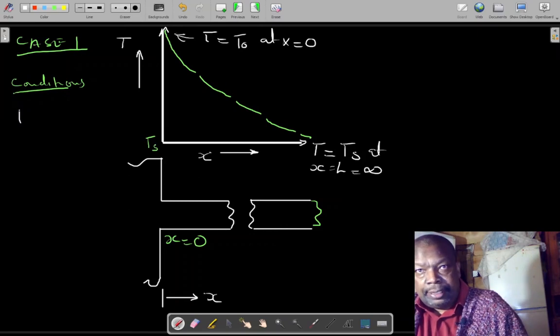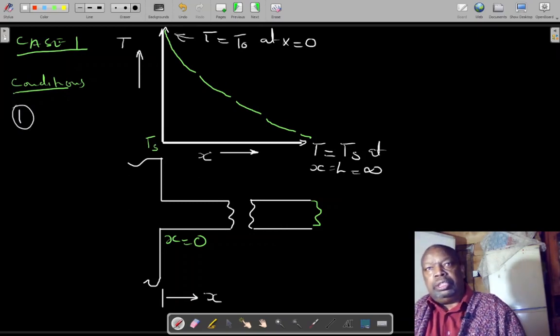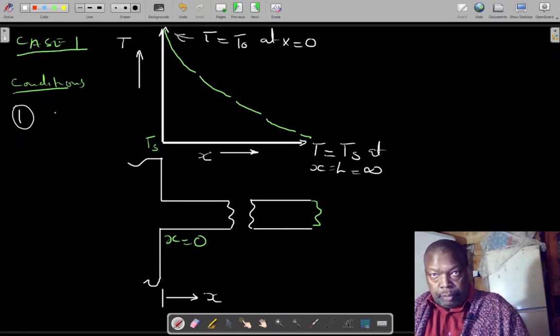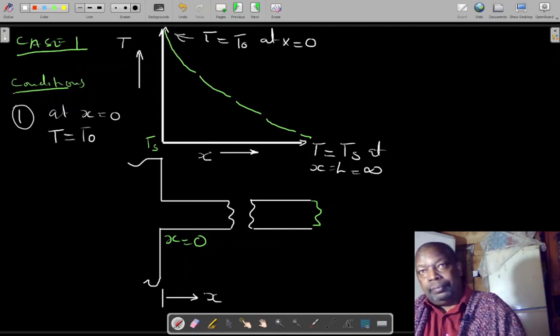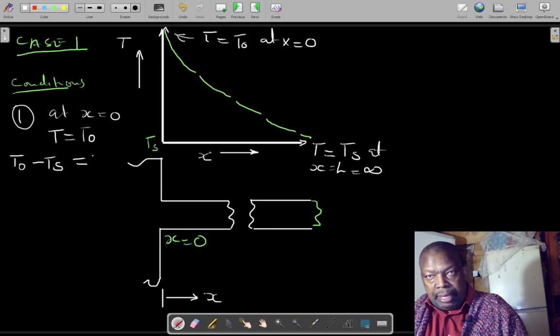This set of boundary conditions are: 1, at x is equal to 0, T is equal to T naught, such that now we have a temperature difference of T naught minus Ts, and we will denote that by theta naught.